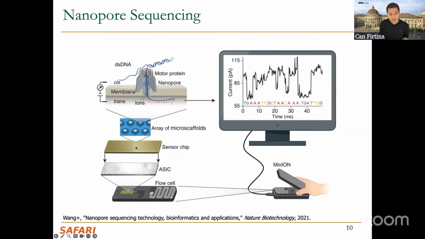But on top of this, there is this sensor chip, including many of these tiny pores that we call nanopores. We usually have around 500 to 2000 of these pores on a single chip. This means that we are sequencing many copies of DNA.